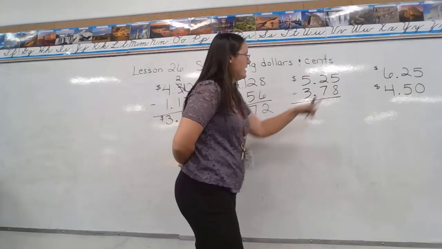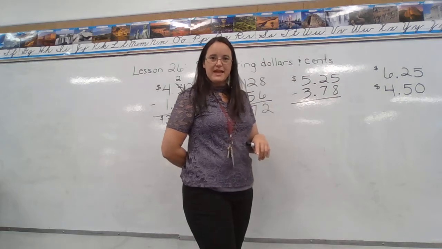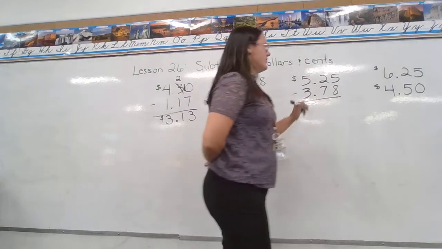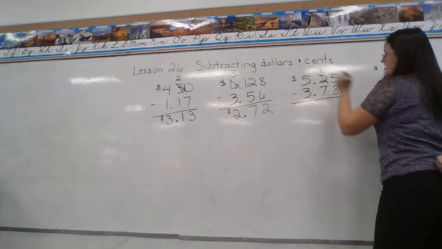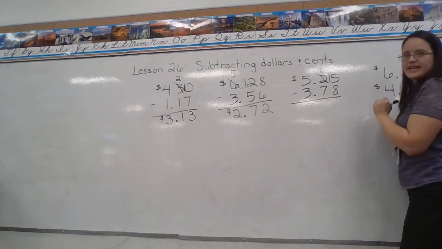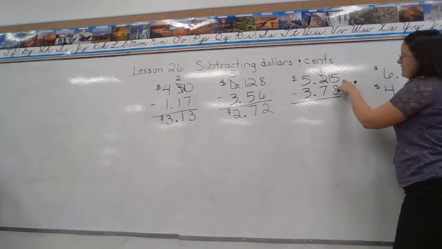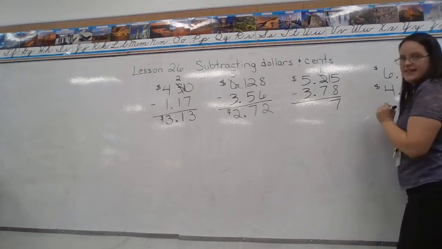Next example. If I have 5 pennies, can I give you 8 pennies? Nope, I have to borrow. So borrow from my dimes here. I have 1 dime left. And then we'll sneak in our 10 pennies that we borrowed. Now if I have 15 and I give you 8, I'll have 7 left.